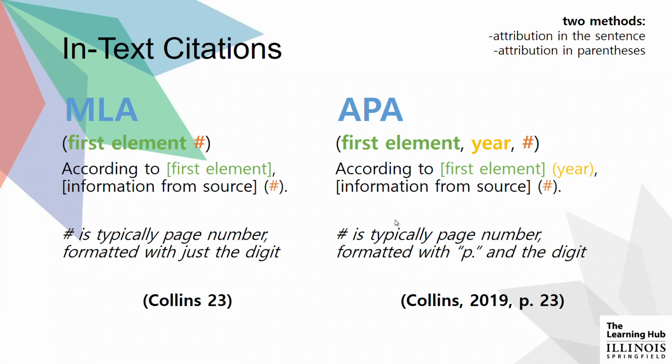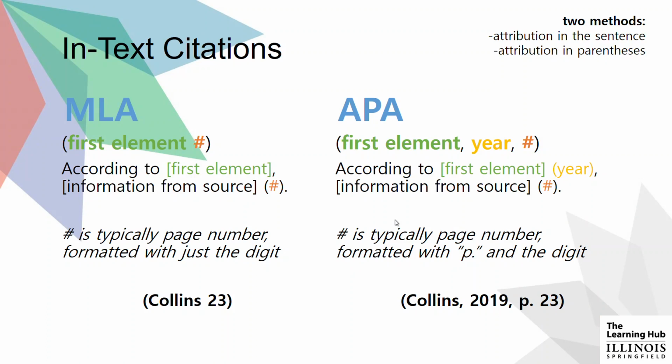This is typically going to be the author's last name. And then you include the location information. That's typically going to be the page number for where that material appears in the source, but not always. Sometimes that's a paragraph number, sometimes it's a timestamp. It just depends on the type of source you're working with.